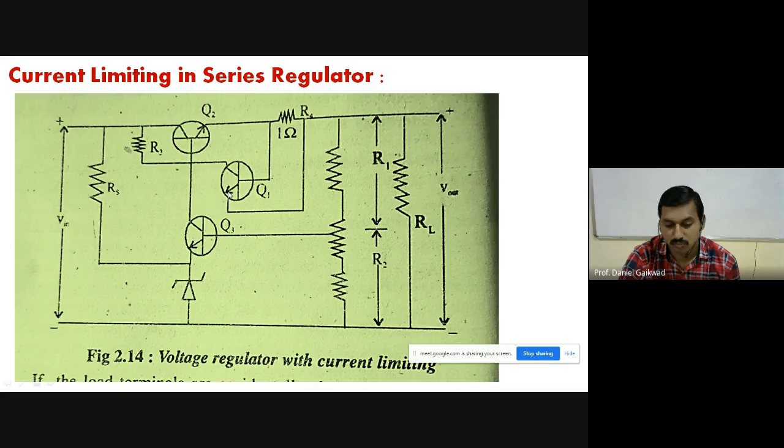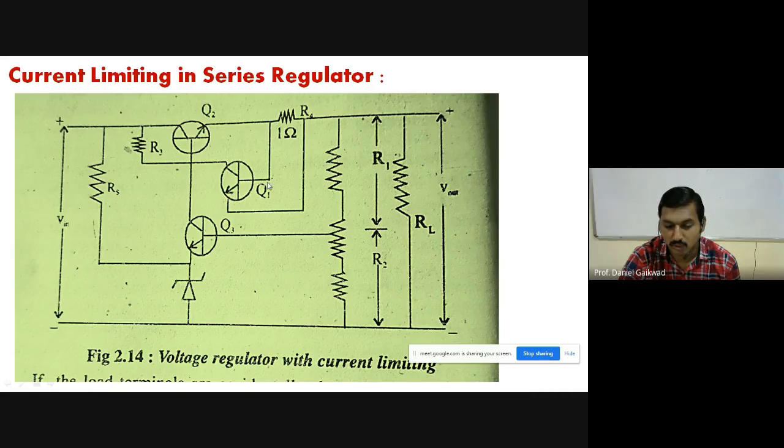From here we have the series pass transistor, that is Q2. So this will be the series pass element. Certain potential will be developed across the series pass element, and that is controlled by the base current here. So Q2 is the series pass transistor, and here we have the new transistor Q1 as an extra transistor compared to the transistor regulator.